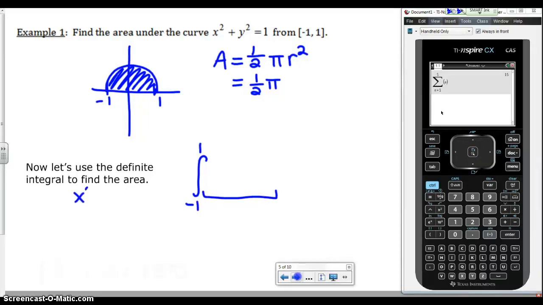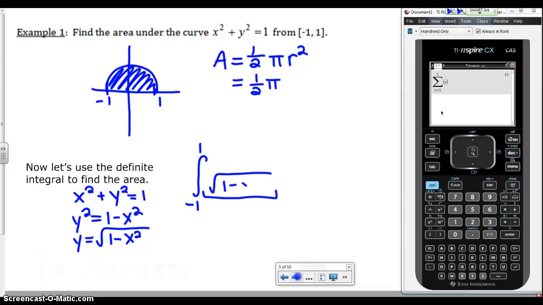So we need to solve this for y. That would be the square root of 1 minus x squared, and since it's the positive part of the circle, it's the positive square root. So we put the square root of 1 minus x squared, and then all you need to do is tack a dx on the end to represent the delta x. You don't actually do anything with that.